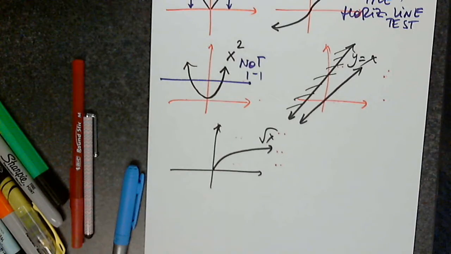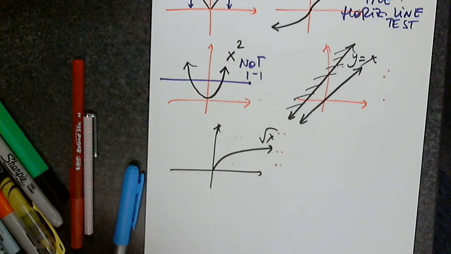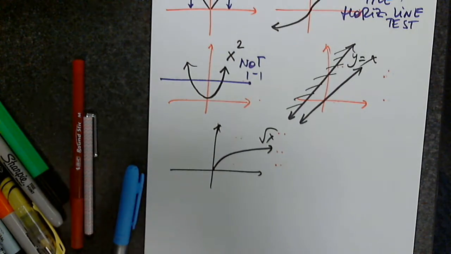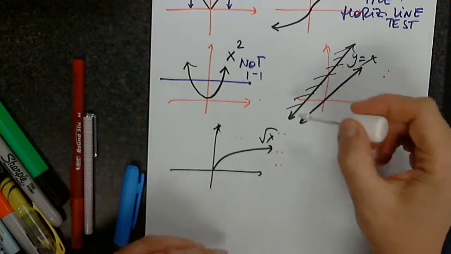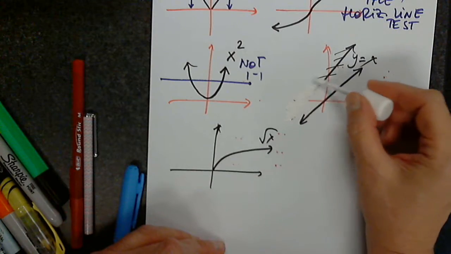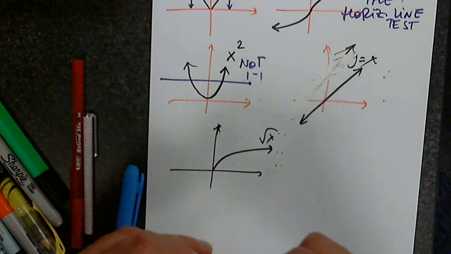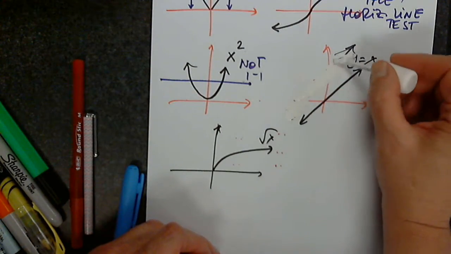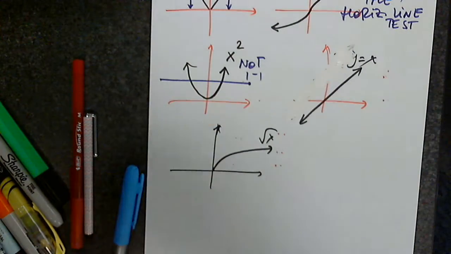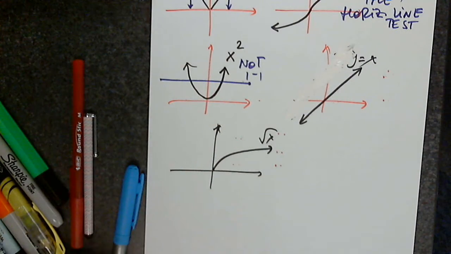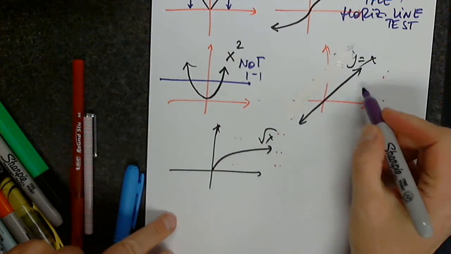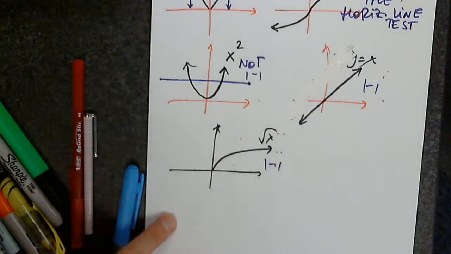What about the line? Is the linear function one-to-one? Yes. What about the square root? Is the square root one-to-one by the horizontal line test? Yes. Very good. So one-to-one, one-to-one.